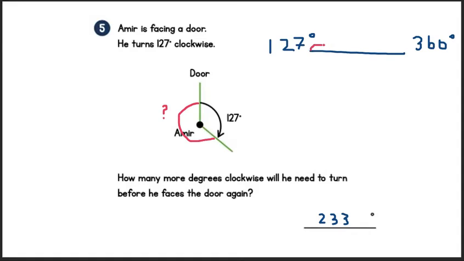So what I would do first, I would add 3, and that would take me to 130. Then I would add 30, and that will take me to 160.